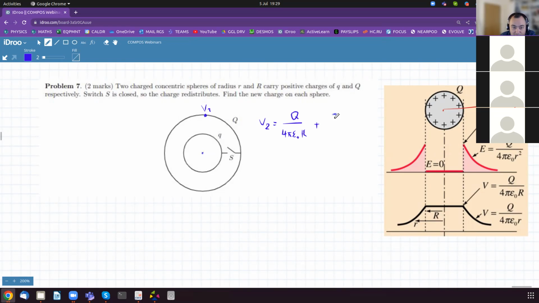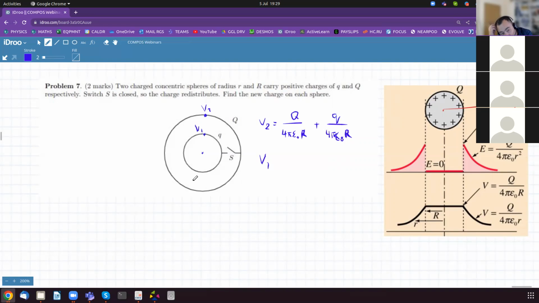So it's going to be q small over 4 pi epsilon naught R large. Oh, sorry, not r small, R large. Right. And V1 is the potential on the surface of this sphere.